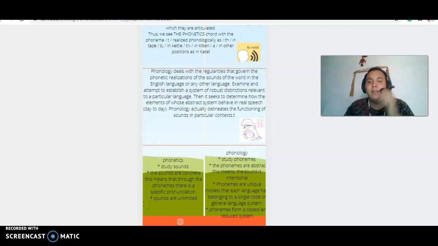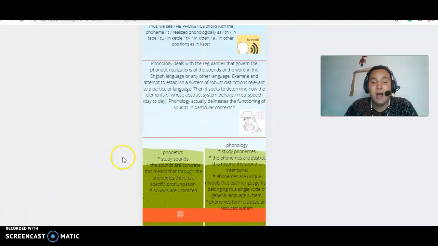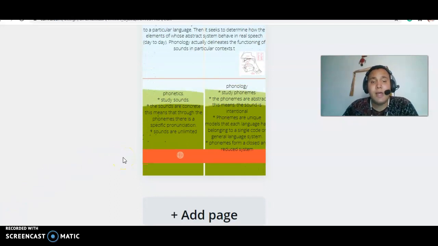Now I'm going to explain the difference between phonetics and phonology. Phonetics studies the sound. The sounds are concrete. This means that through the phones there is a specific pronunciation, and so they are unlimited. Okay? Because phonetics depends on every person.